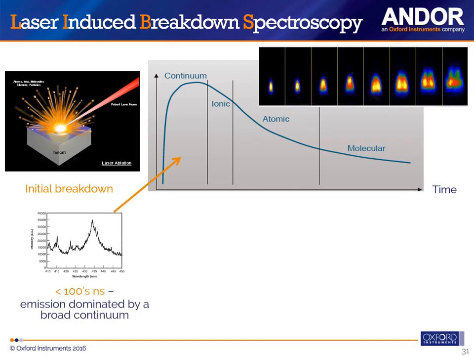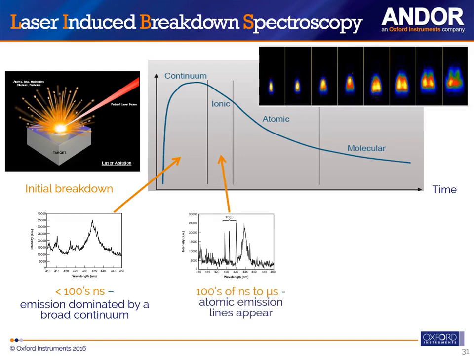In the early stages of this plasma, the emission from the plasma is really broad. It's called a bremsstrahlung continuum. And there's not really any useful spectral information, no very narrow features in the spectrum to determine accurately the composition of a sample. As you look further away in time, further away from the laser, you start to see some very nice spectral features appearing that are associated with a particular element of a sample.